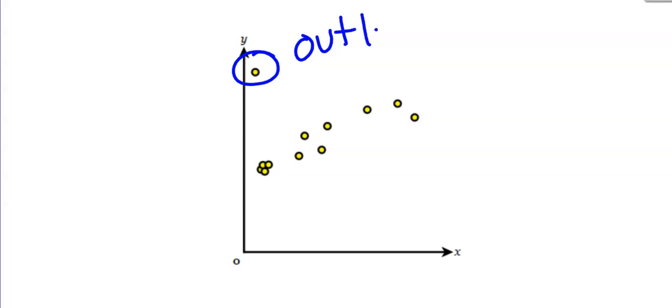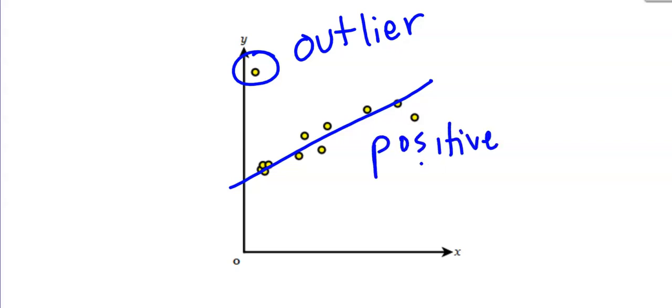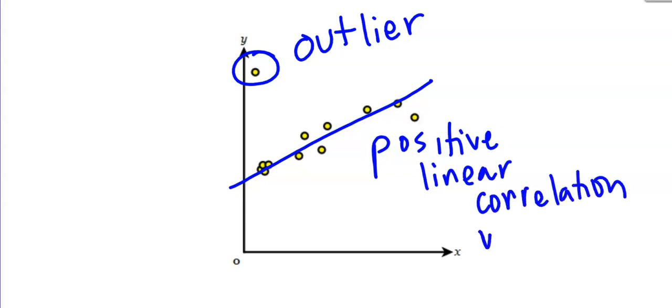We call that an outlier. And we don't really take it into consideration when we're drawing a trend line through our data. We say this is a positive linear correlation with an outlier.